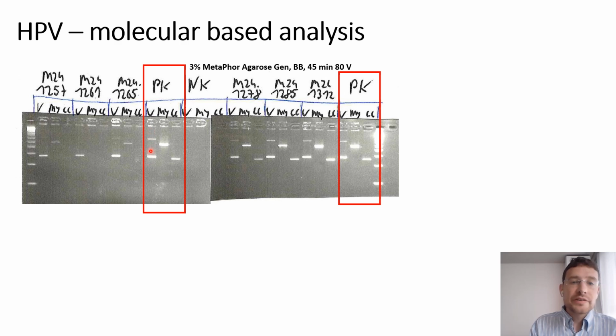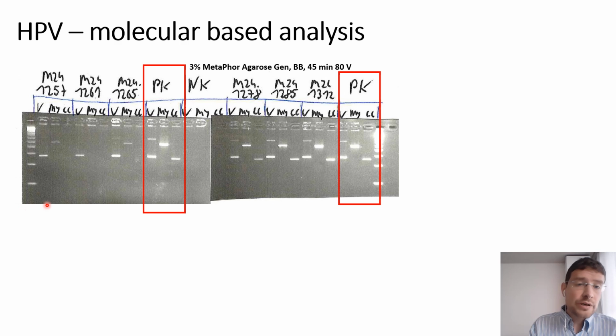As you can see here, it is correctly amplified, showing that DNA quality is good, so you always have to control that. And then you have the amplification of these HPV genes, which are obtained through specific primers for these genes.